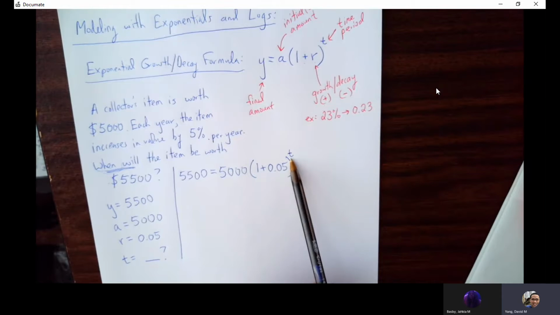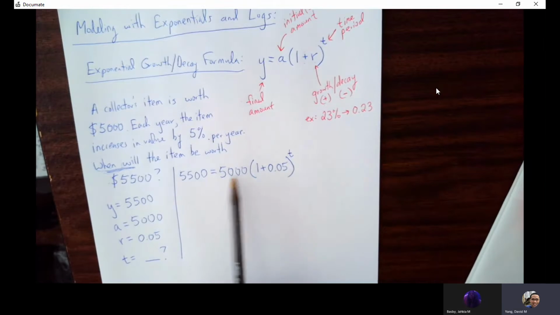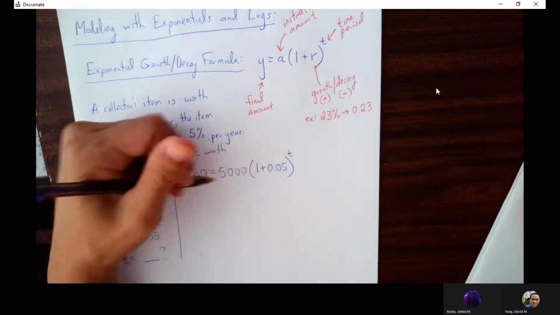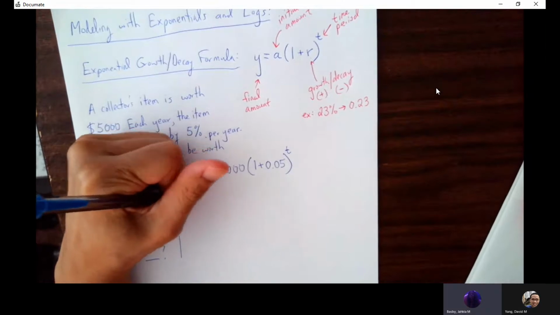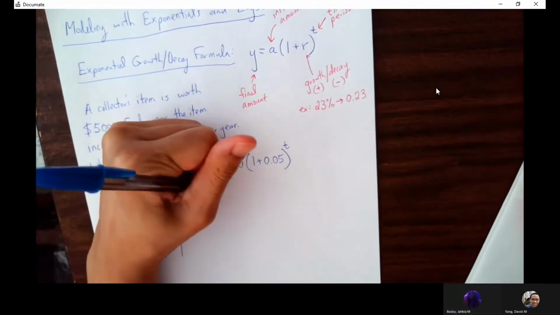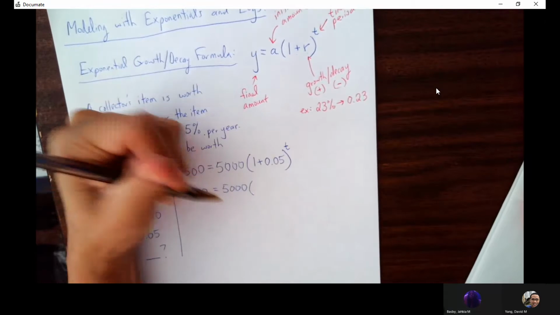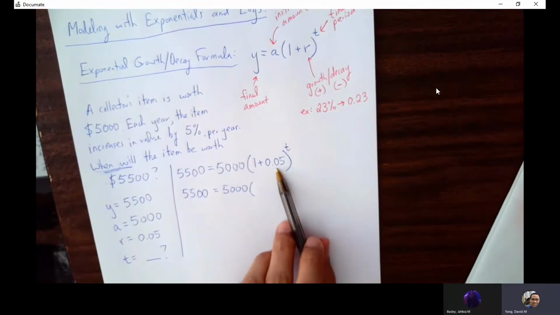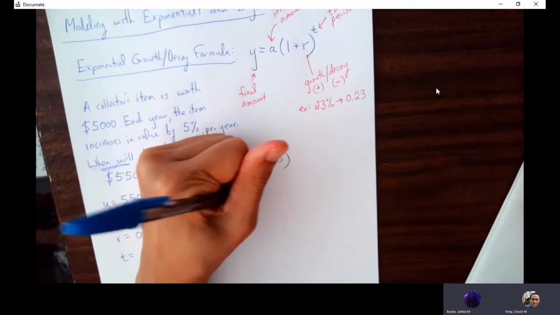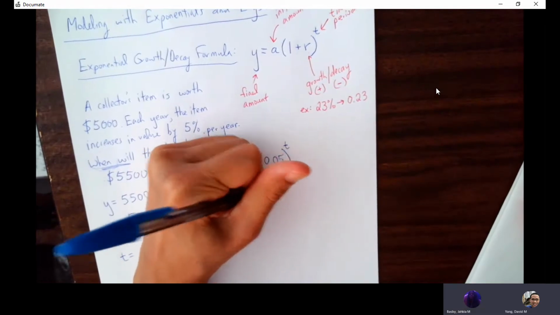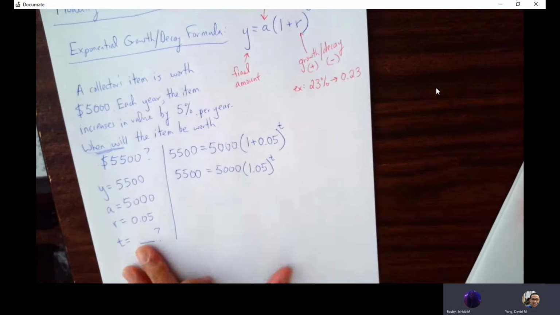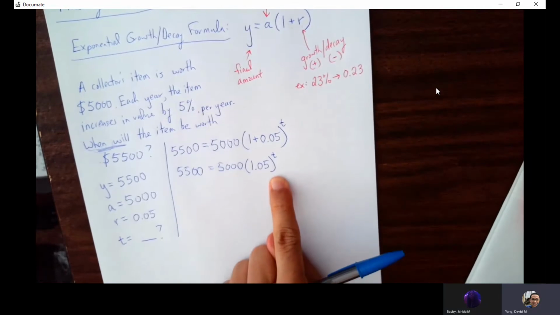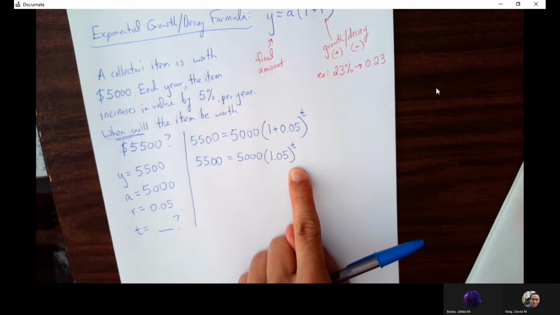But right now, we're just going to try to clean this up by combining things we can first. 1 plus 0.05 is just 1.05. Good so far? Yeah, I got you.